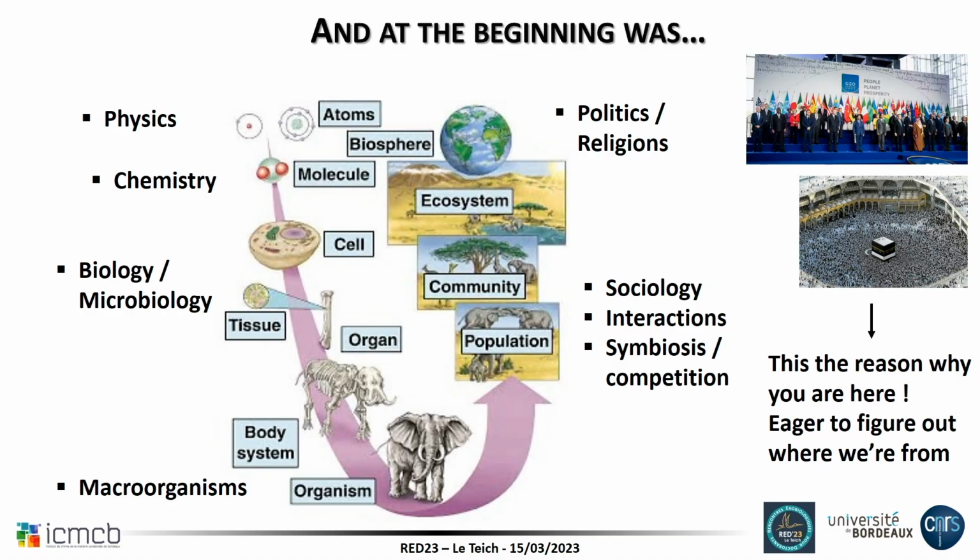And religion especially is important, because one of the key questions here is the reason why you are here. Religion asks questions to figure out where we're from. And to answer this question, the point is really to find out how you go from chemistry to microbiology, the origin of life.